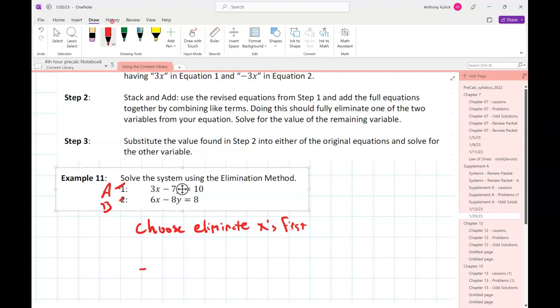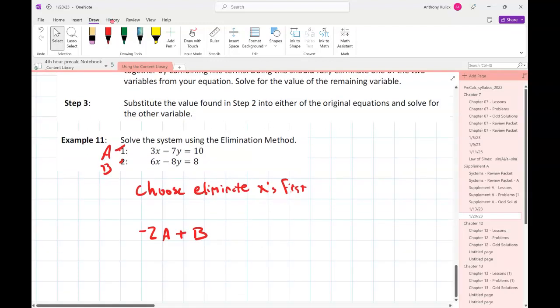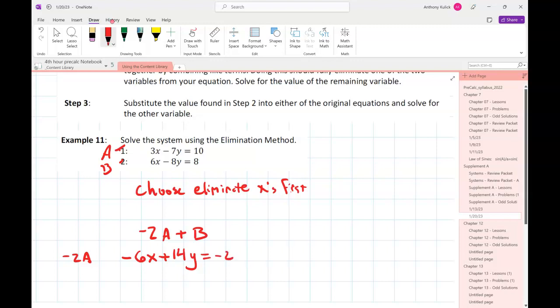Yeah, I'm going to just take equation A and multiply it by -2, and then we can add it to equation B. Everybody agree with that? So this is just my notation to explain to myself what it is that I did. So equation 2A is going to be -6x plus 14y equals -20.